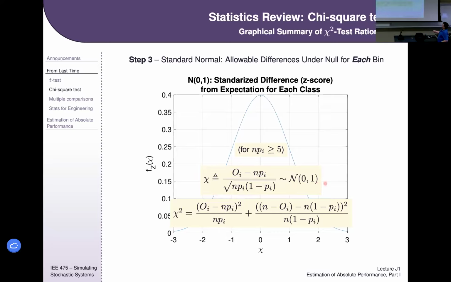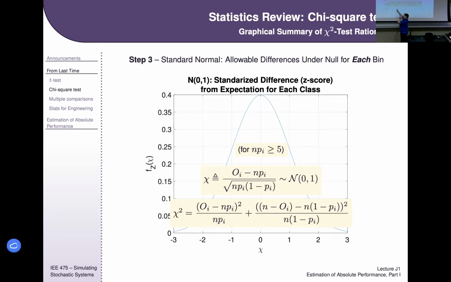And if I then square this z-score, I can do a partial fraction expansion, and that's the chi-squared statistic. So that's the beauty of it. It's a sort of numerical trick: when you square a standard normal, you get this nice breakup of the expected number of counts in one bin and its observed counts, the error from one bin and then the error from the other bin.